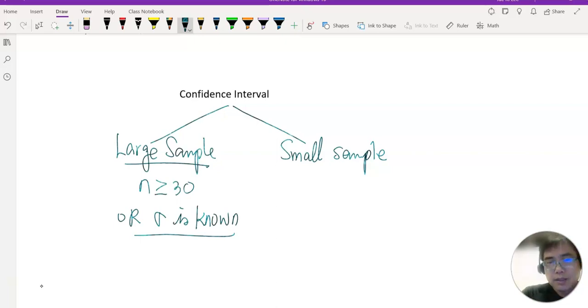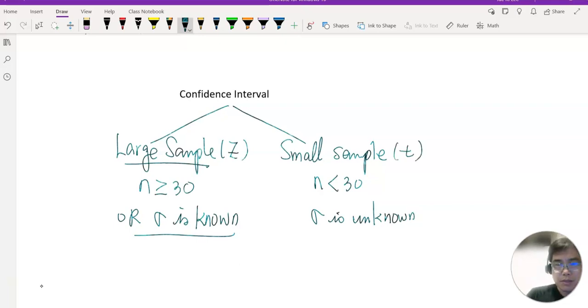On the other hand, if n is less than 30 and sigma is unknown, then we treat it as a small sample case. If any question is about the large sample case, then we are using Z distribution. If it's a small sample case, then we're using T distribution basically.